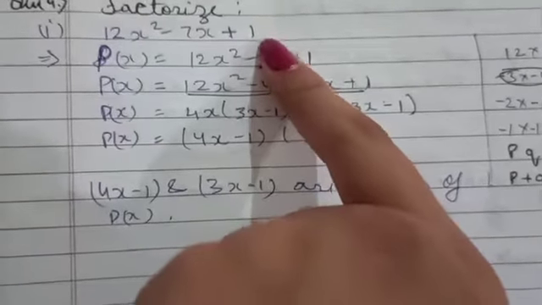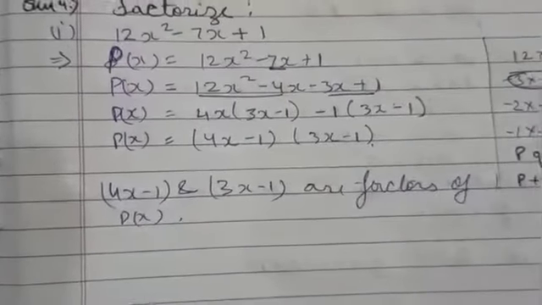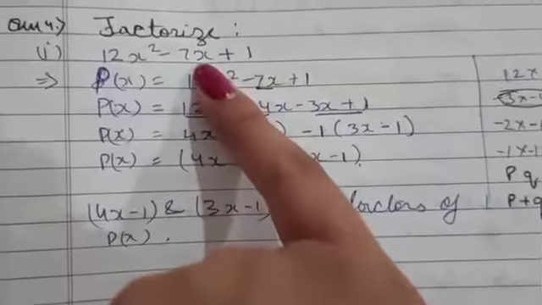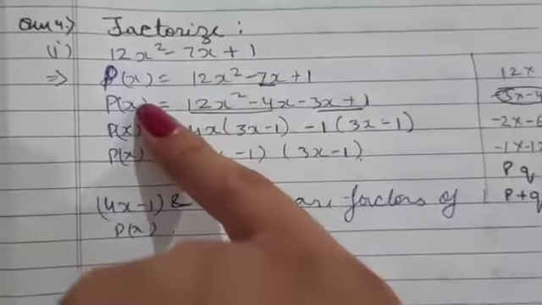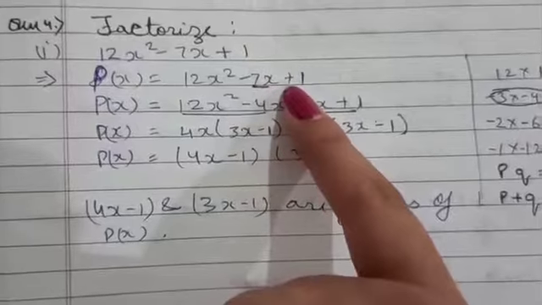Because here there is no variable, the power of the variable is 0. So this is in the standard form. Name this polynomial as p(x), because this is a polynomial in variable x. So p(x) is equal to 12x square minus 7x plus 1.